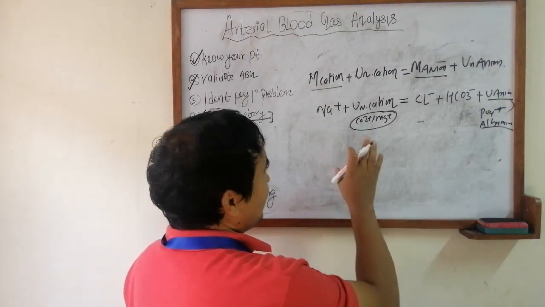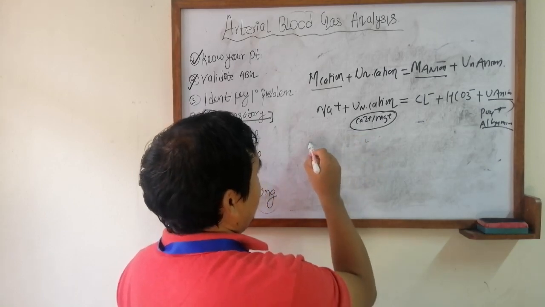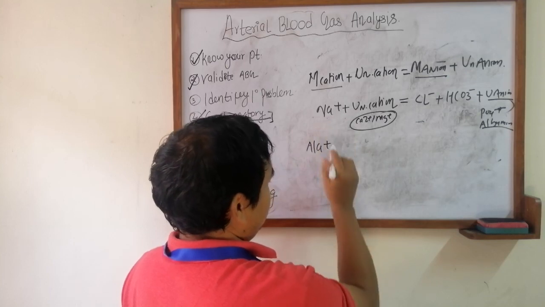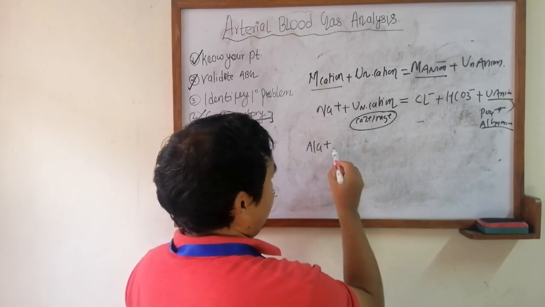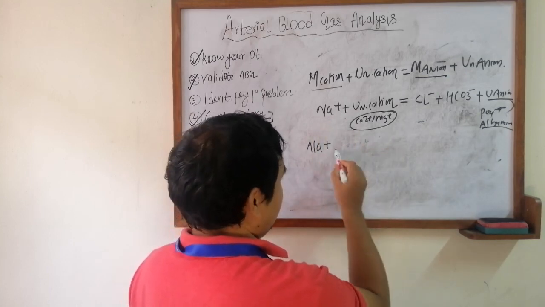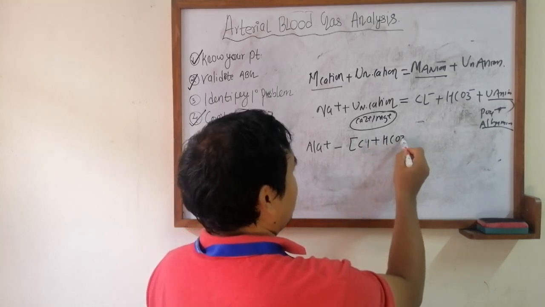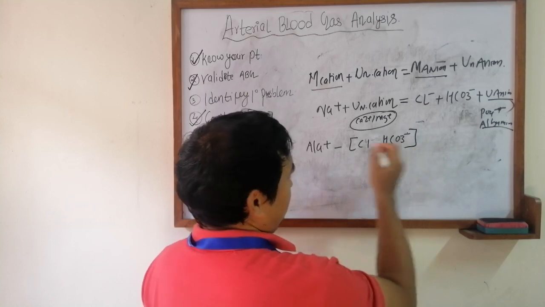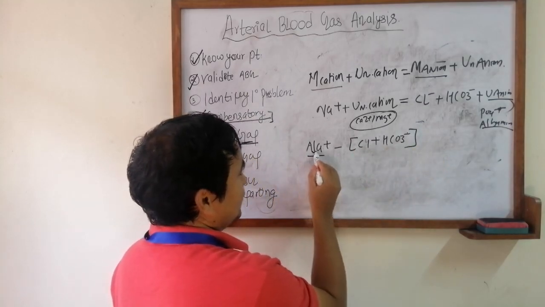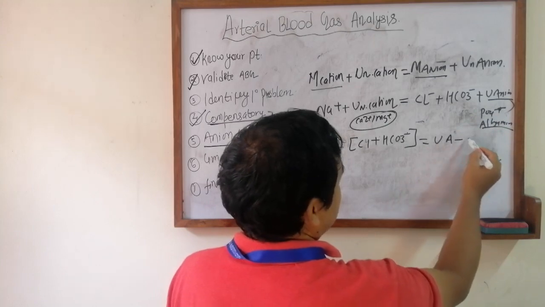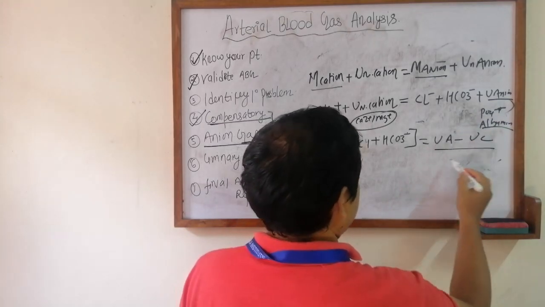So anion gap is what you get if you subtract the measured chloride and bicarbonate from the sodium level; it will give unmeasured anion minus unmeasured cation. This is the anion gap.